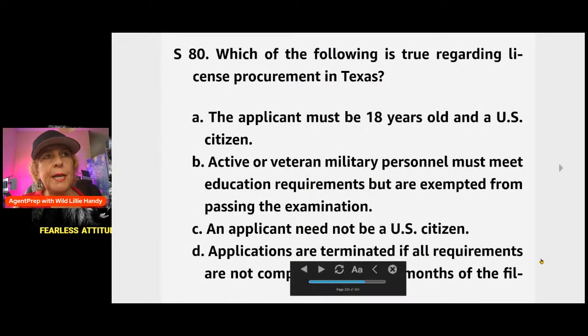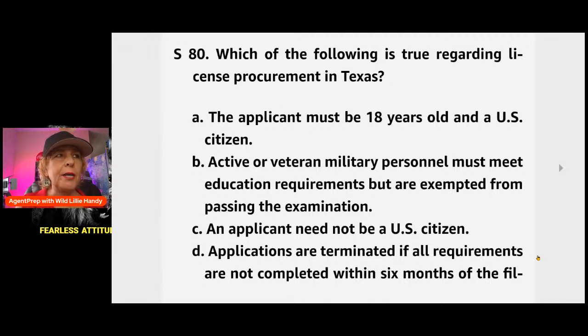Which of the following is true regarding licensure procurement in Texas? Procurement, buying, right? Who procures the buyer or the property? A, the applicant must be 18 years old and a U.S. citizen. B, active or veteran military personnel must meet education requirements but are exempted from passing the exam. C, an applicant need not be a U.S. citizen.